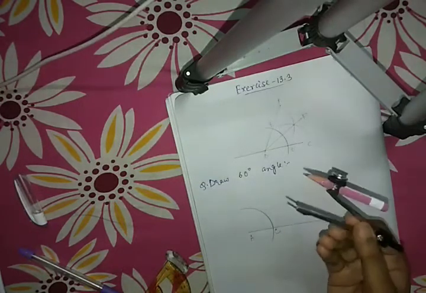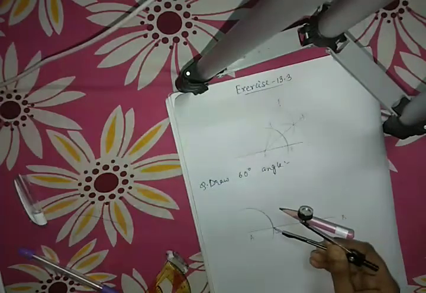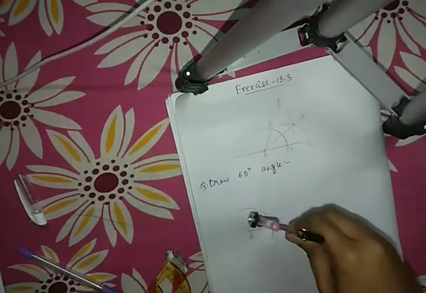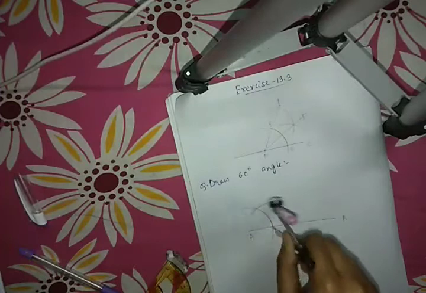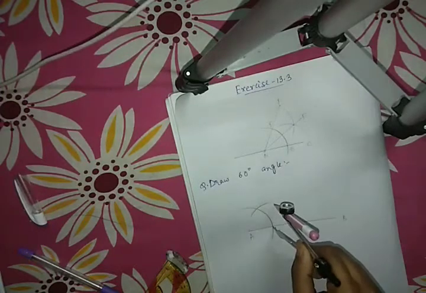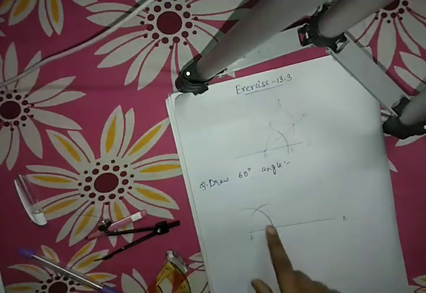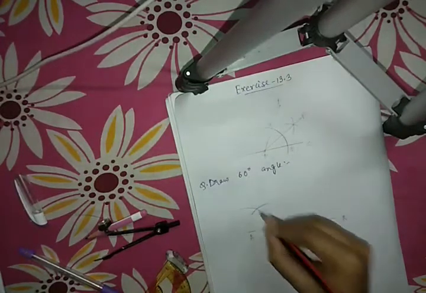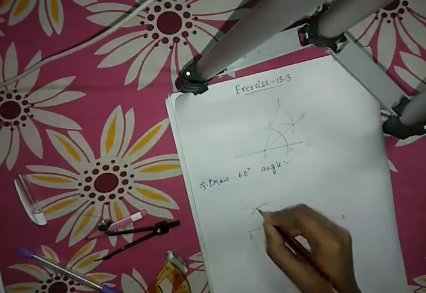Now with the same radius, put the pointer on the point C and draw another arc. You can see these two arcs are intersecting at this point. Now join the point A and this point.